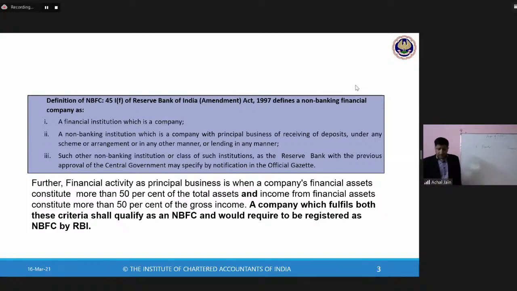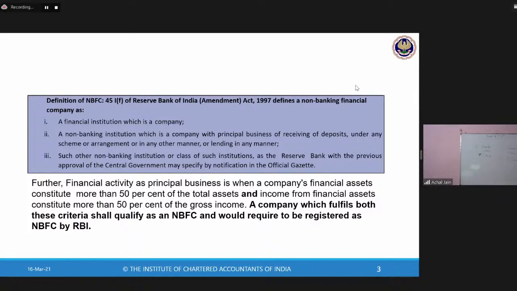Now, if the financial assets are more than 50% of the total assets, and if the income generated from financial activity is more than 50% of the gross income, then the principal business of such an entity will be considered to be that of an NBFC.